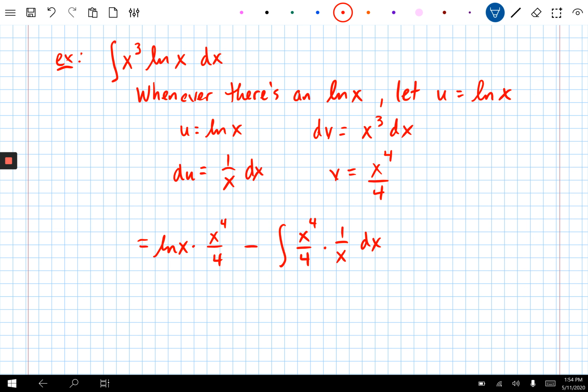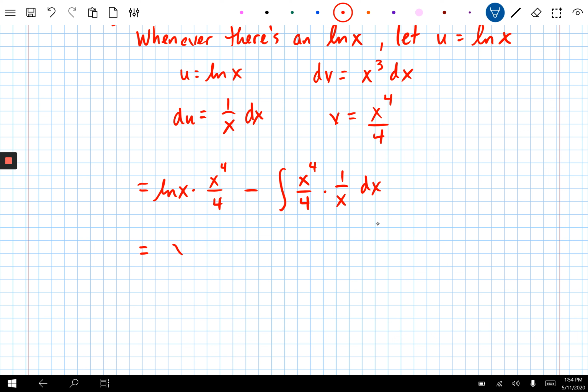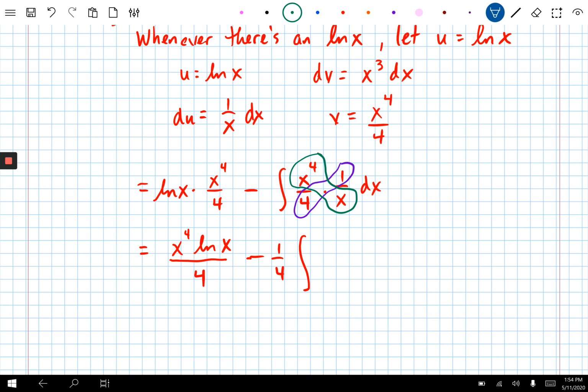Alrighty. So I'm going to clean up this first term. I'm going to write it x to the 4 ln x over 4. Here, I'm going to yank that 1/4 out to the front, so minus 1/4 integral, and check this out: x to the 4 over x reduces to x to the third.